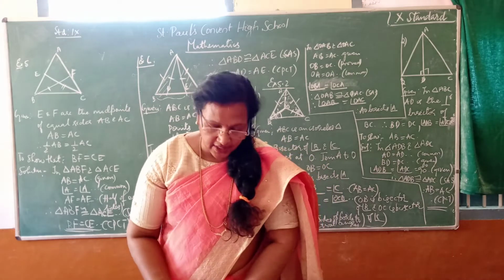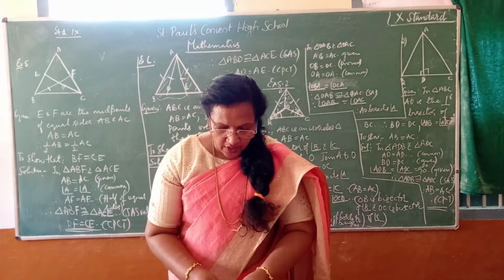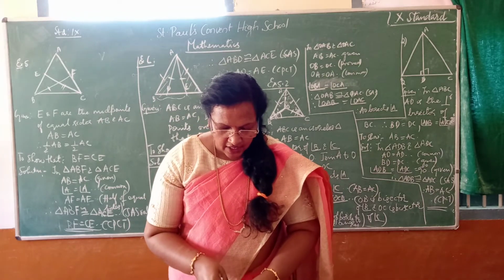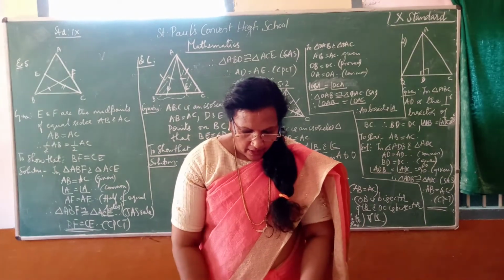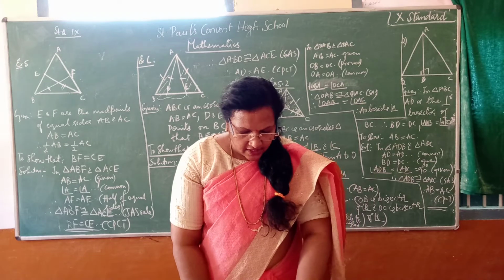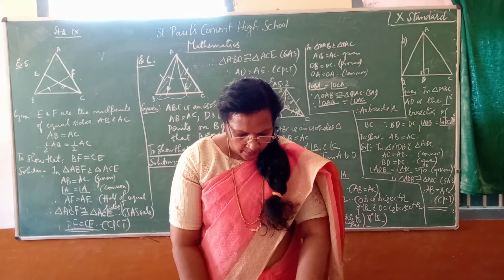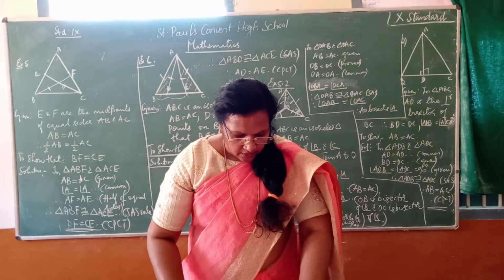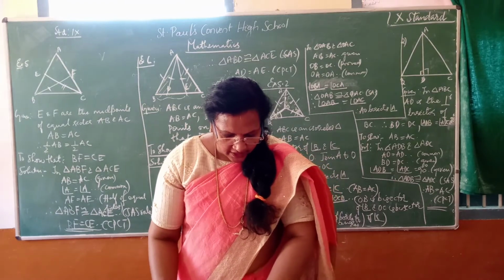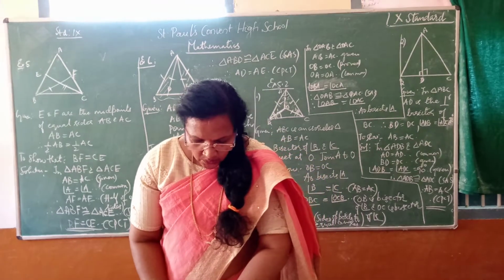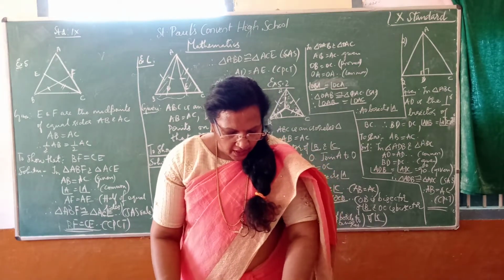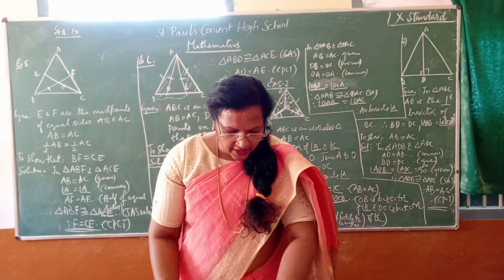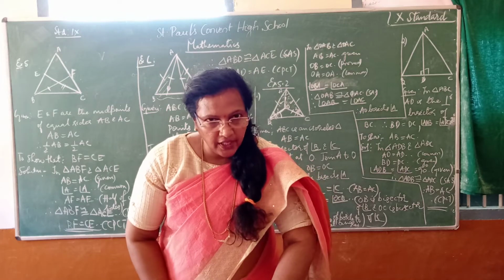Give the heading constructions. In that, what you have to do for the constructions? Page number 109, construction 6.1: to construct the bisector of a given angle, to construct the perpendicular bisector of a given line segment, and to construct an angle of 60 degrees at the initial point of a given ray.